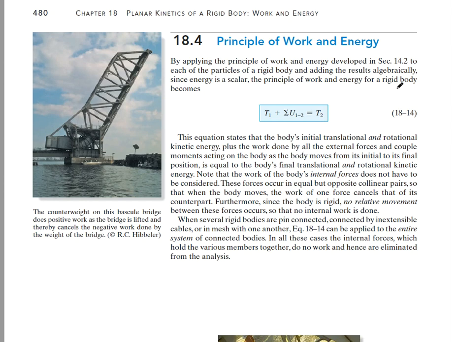If we have two states of a body or system of bodies, the initial kinetic energy plus the work done is equal to the final kinetic energy. Or you can say the work done by the external forces is the difference between the final kinetic energy minus the initial kinetic energy. And he's repeating something I said earlier: forces that do not produce work, and the internal forces are mentioned here.